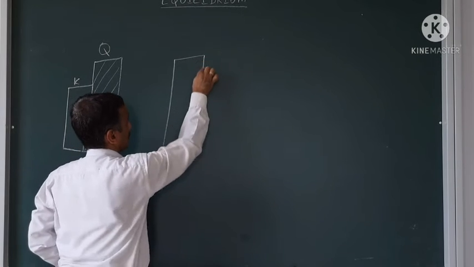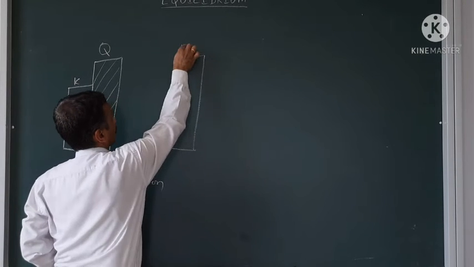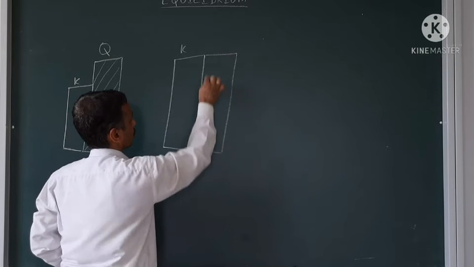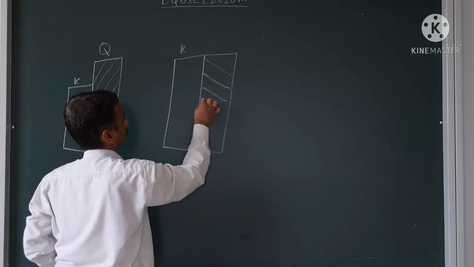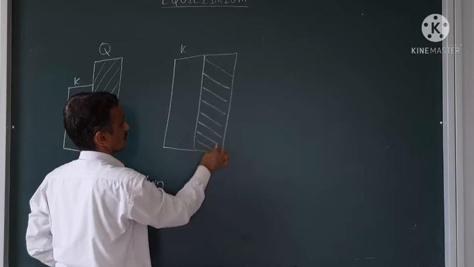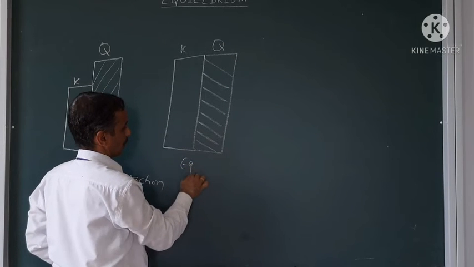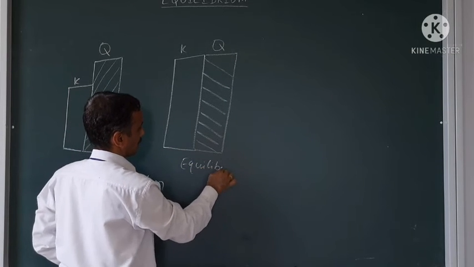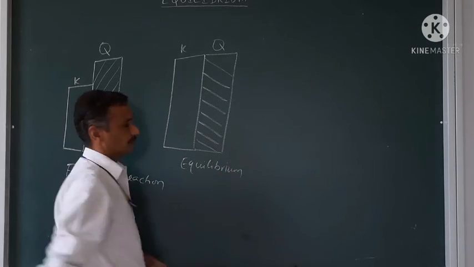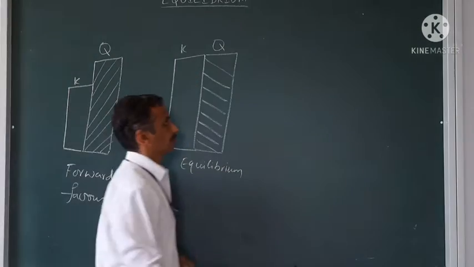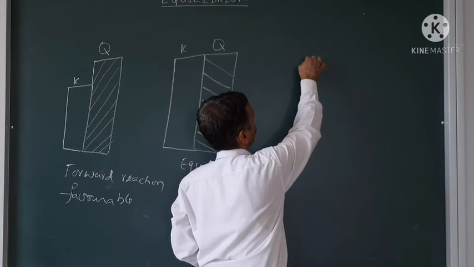Now, second one. This is K, the equilibrium constant. This is for the reaction quotient. What is that? They are equal. So the reaction is at equilibrium. Both are equal, K and Q are equal. Now see here.